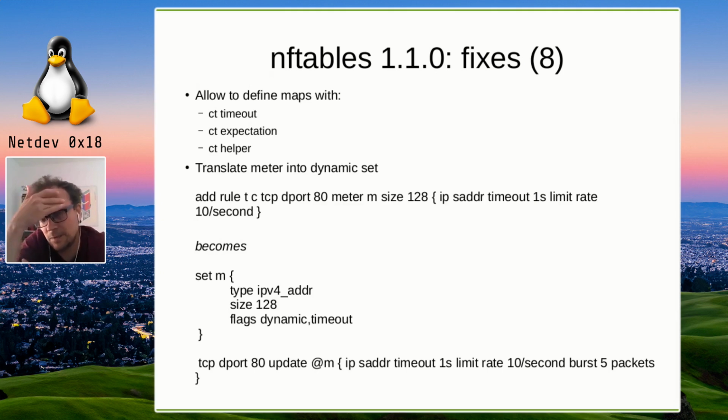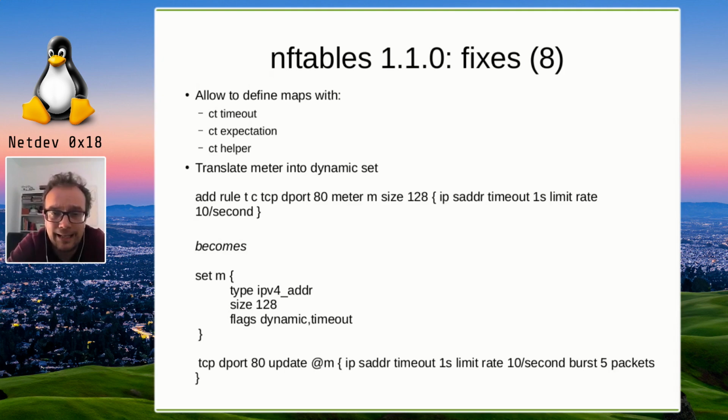The meter statement was always a bit confusing to users because they did not really know for sure if the set infrastructure was being used, and it is indeed used. This meter thing is just a dynamic set, which is a set that allows new entries to be populated from the packet path.